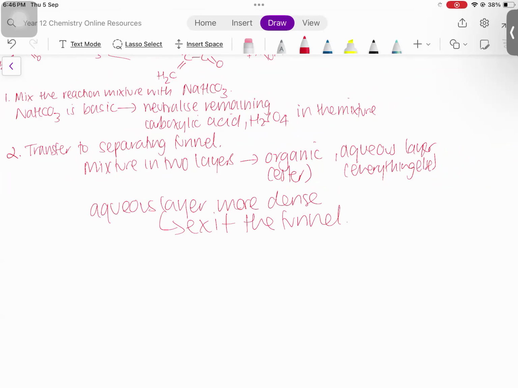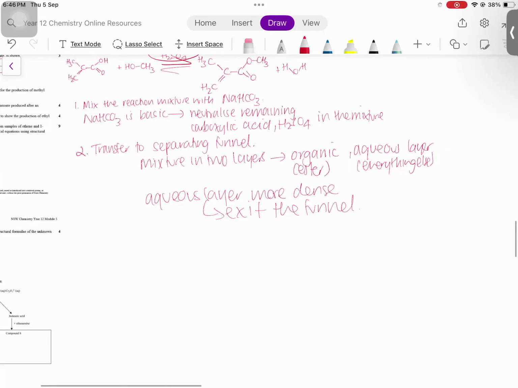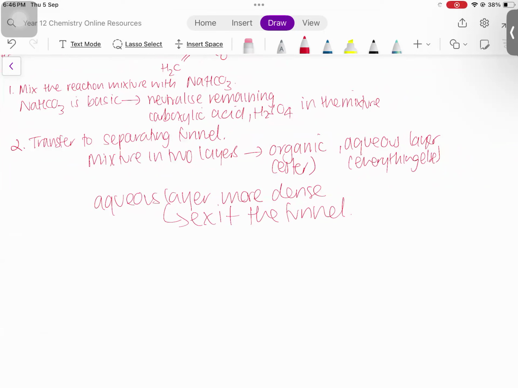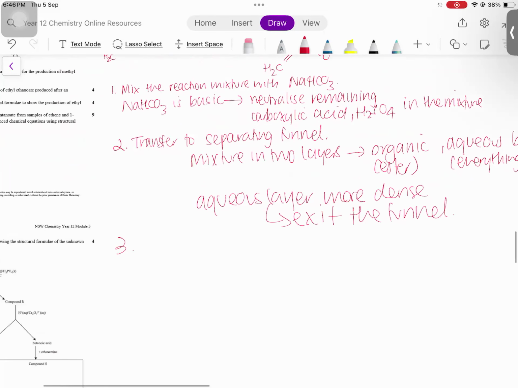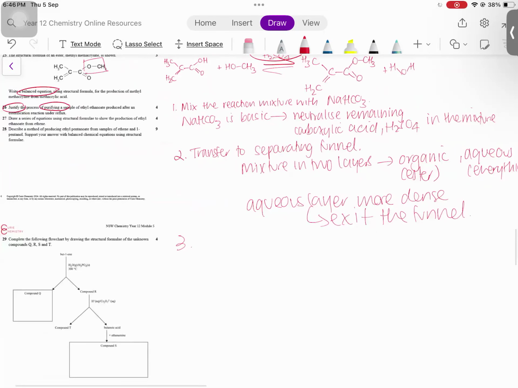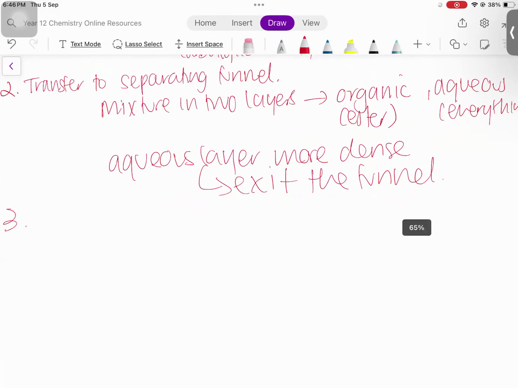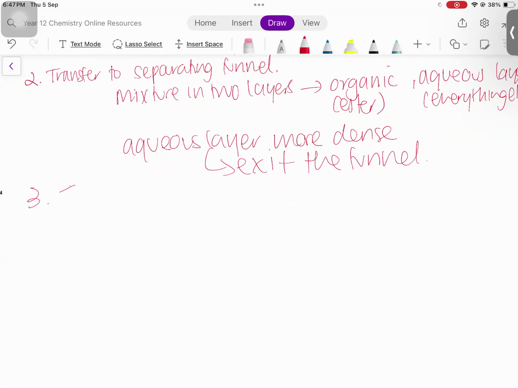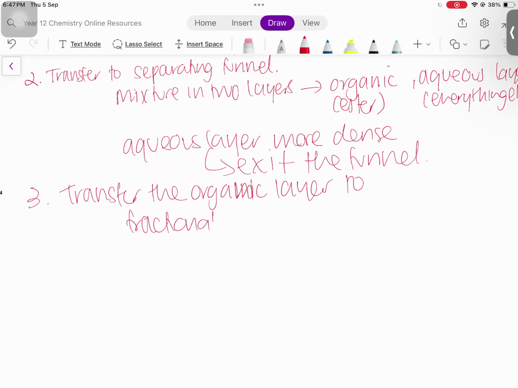So that effectively separates the two. And then number three, to purify it even further, you're going to transfer the organic layer to a fractional distillation column.